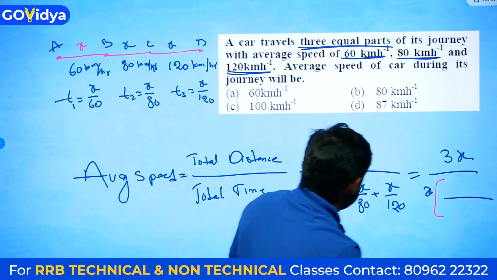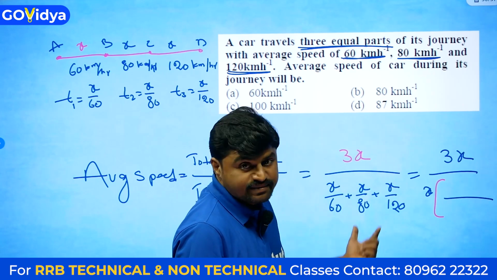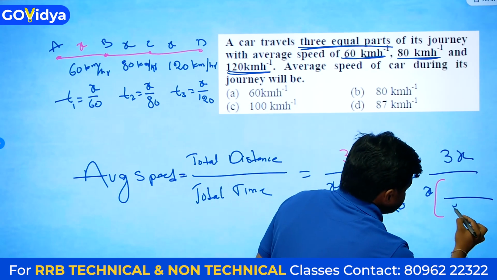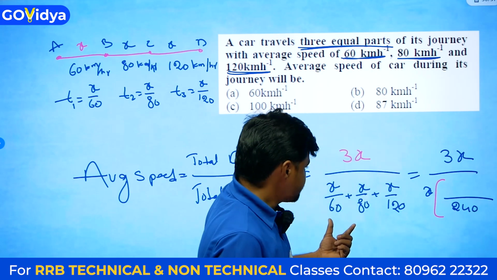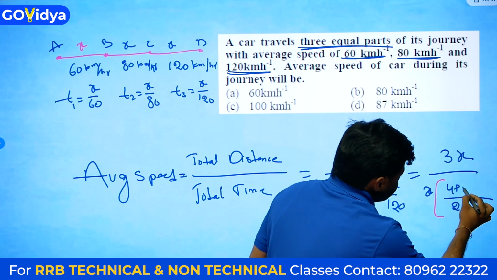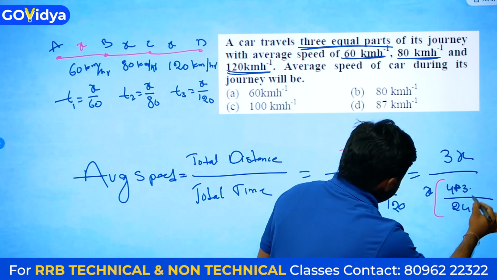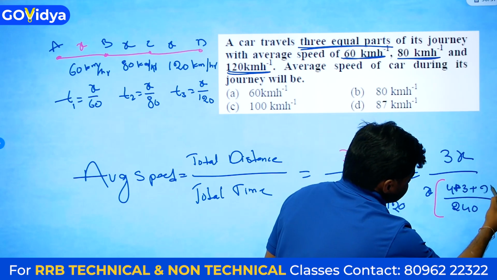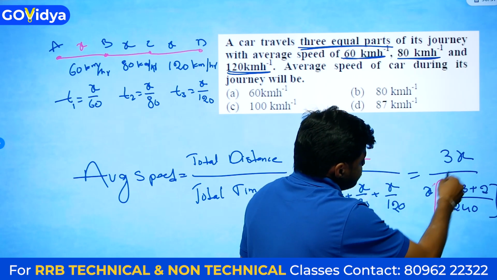The LCM of 60, 80, 120 is 240. 60 4s are 240, 80 3s are 240, plus 120 2s are 240. Okay, x will cancel.